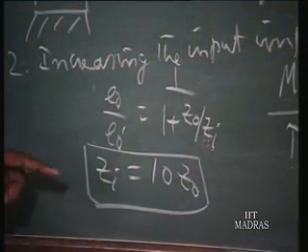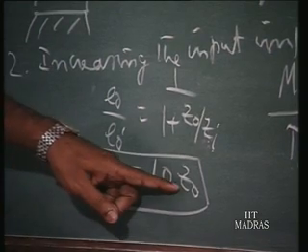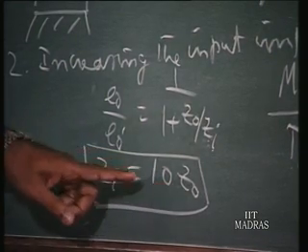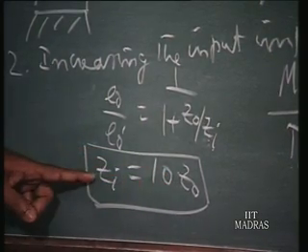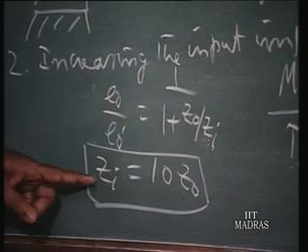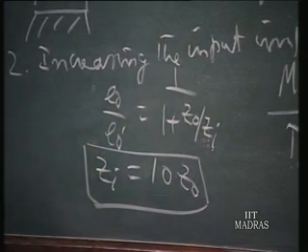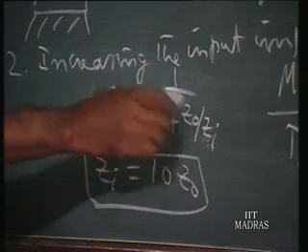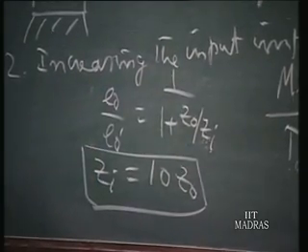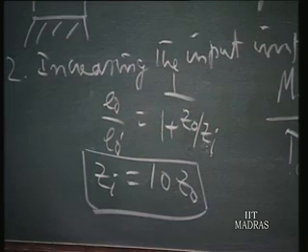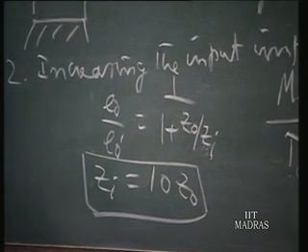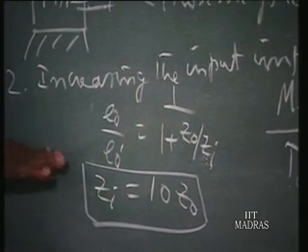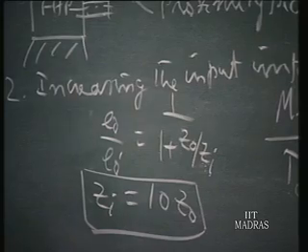When you know the circuit output impedance as ZO, the R coil of the voltmeter should be 10 times this. Then you will find ZO by ZI becomes 1 by 10, so 1 by 1.1, near about, and EO is very near to EO dash. That is more than sufficient. This is what is normally adopted in practice. This is the second method: increasing the input impedance to 10 times the output impedance of the circuit.